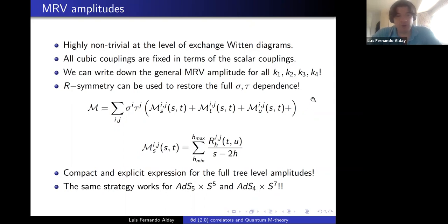In principle, there could be contact terms here, and I will mention this in a little bit. So what we are left with is the full amplitude for all K1, K2, K3, K4 with the full sigma and tau dependence, okay?